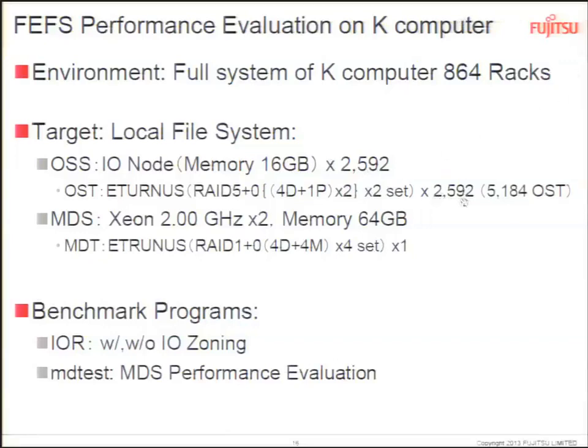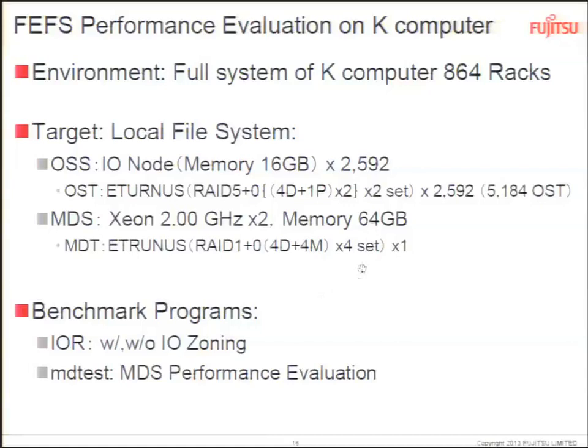The number of OSTs is 5,184. Currently, we designed them with 10,000 OSTs, but we must reduce memory consumption. We took half of the number of OSTs. And the MDS is Intel Xeon, and the memory is 64 gigabytes.